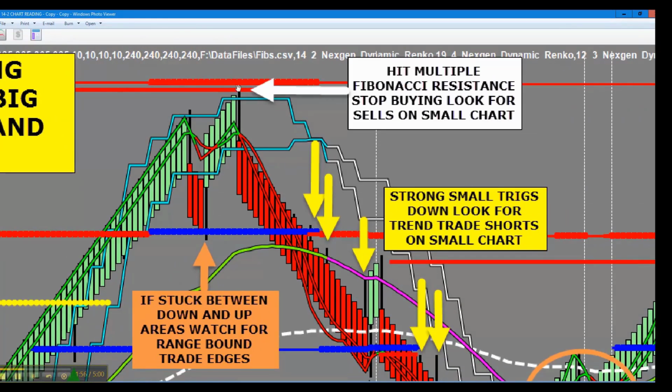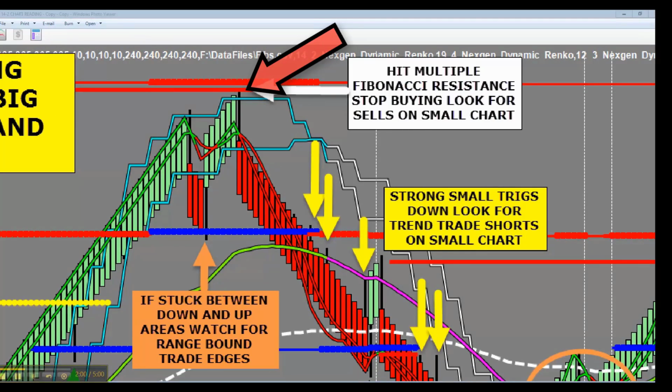Once we hit multiple time frame resistance without the triggers breaking through, we then have the opportunity to do what? Potentially go the other way if you're a counter trend trader from the multiple fibs. If you're not a counter trend trader, that's okay.